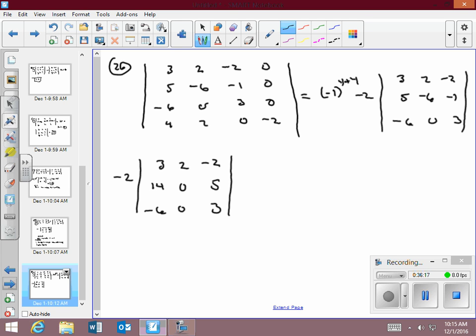Let's see. Okay, yeah. So this should be minus 7. Now then it's a minus 2, and then it's a minus 1, because I'm going to go first row, second column, times 2, cofactor, 14, minus 7, minus 6 and 3.